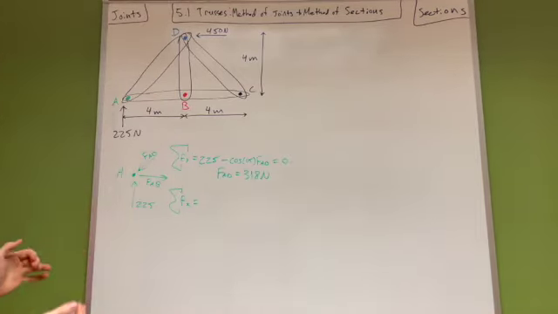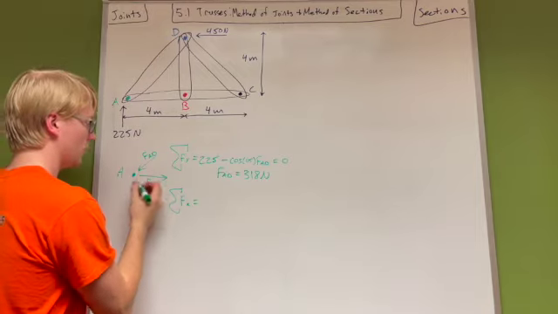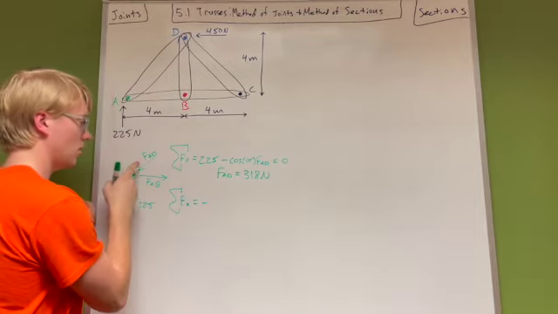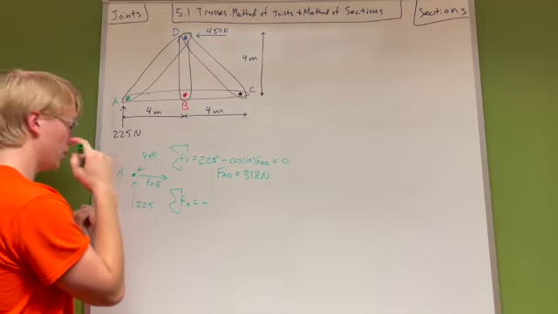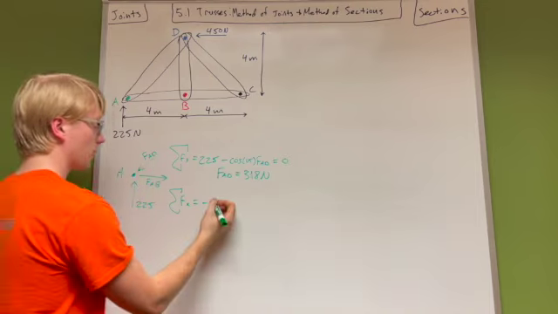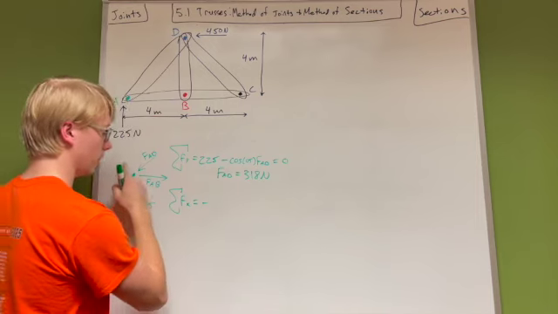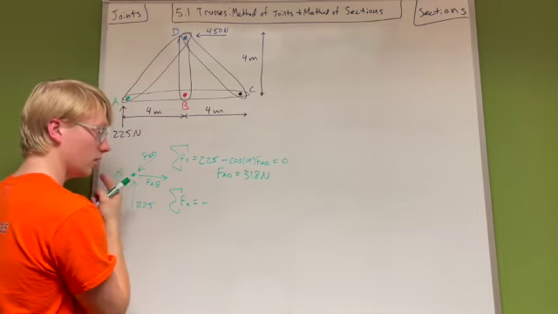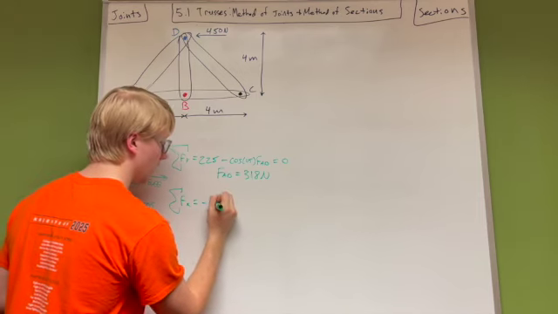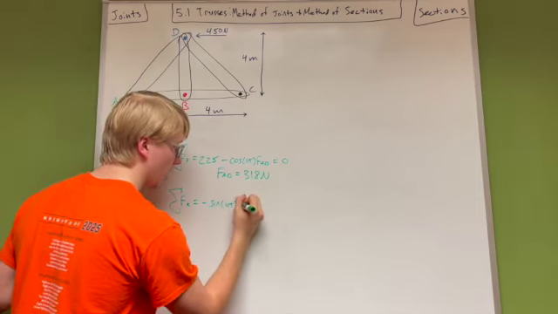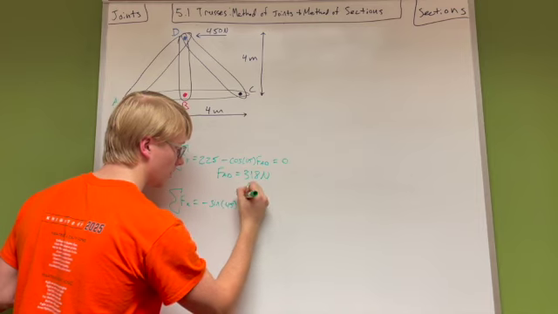And so when you do this math, you calculate that FAD is equal to 318. We can sum the forces in the x. Okay, so we have a negative FAD, right? The FAD is going this way. It's negative, and the magnitude of that force is the sine of 45 times our 318.